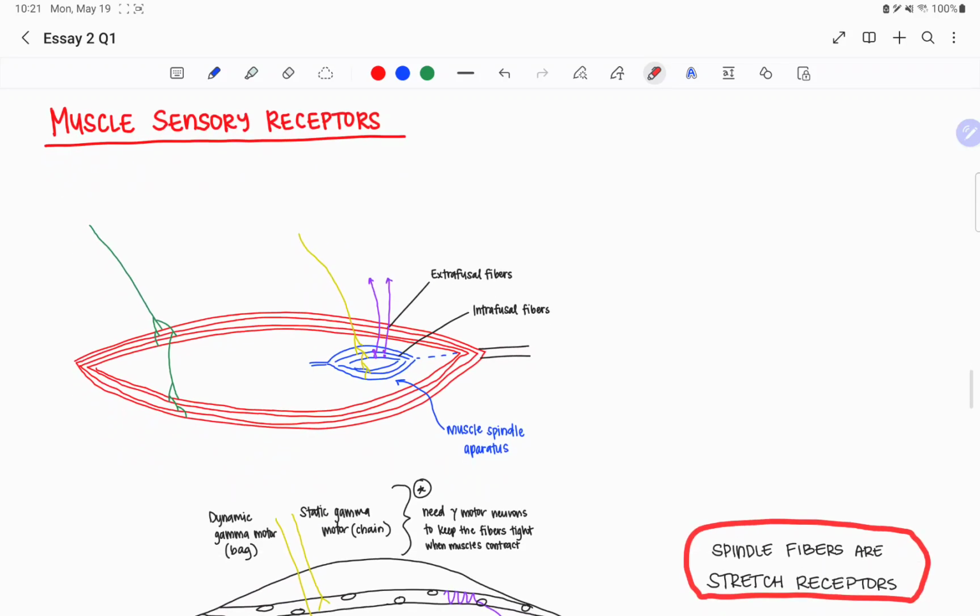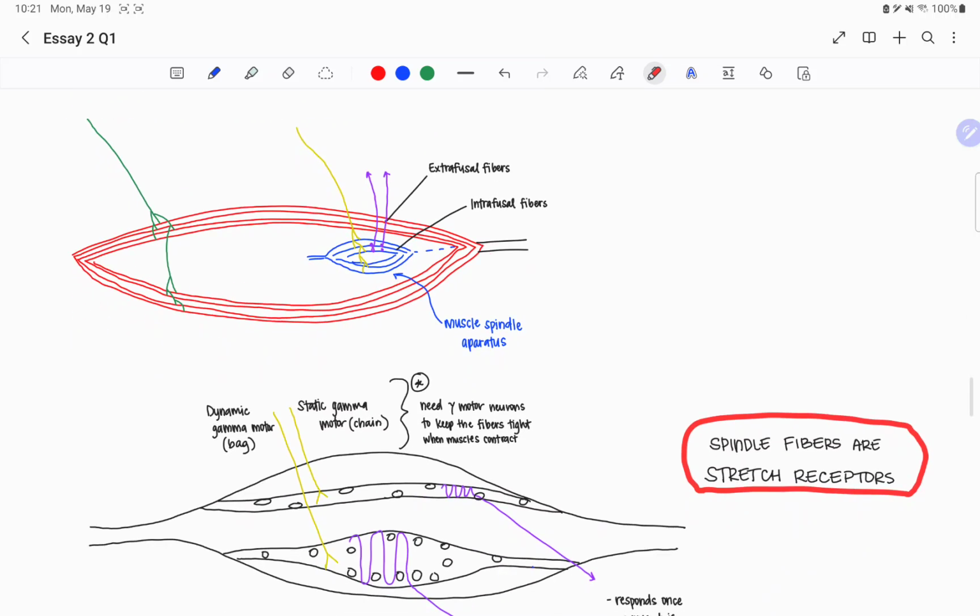Okay. Now we're going to move on. We're going to talk about muscle sensory receptors. I hope you guys can follow along with me. I've kind of already got things drawn, but it's for the sake of time. So just think of this big outer red circle as our muscle fibers. Okay. Now they're known as extrafusal fibers.